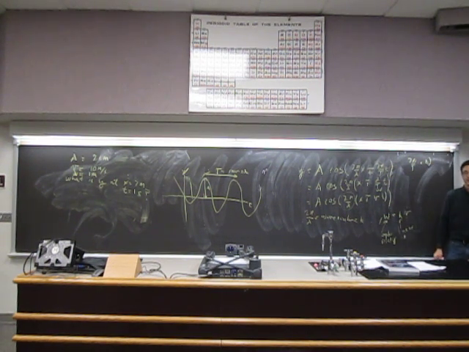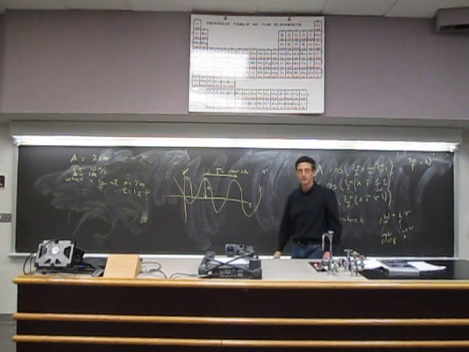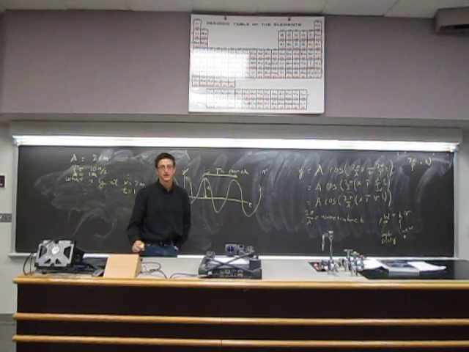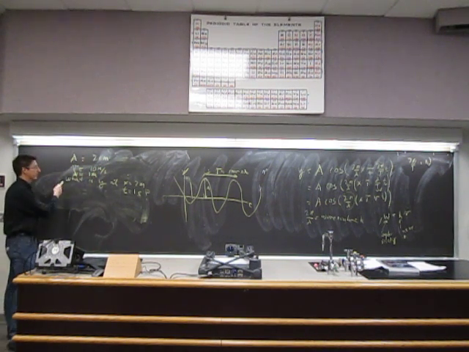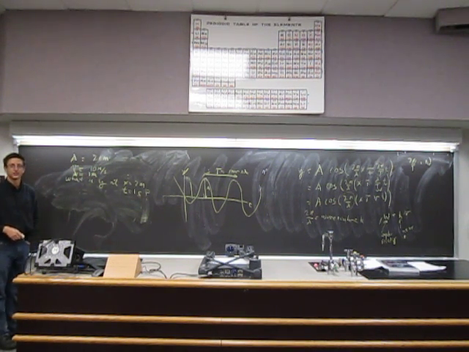Okay. So usually we would know if it's a plus or a minus by looking at the velocity. If it's traveling in the plus x direction, it's negative. If it's traveling in the minus x direction, it's a positive sign. You can take this as traveling in the plus x direction.